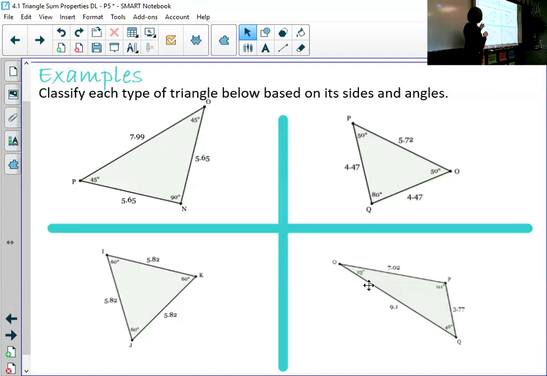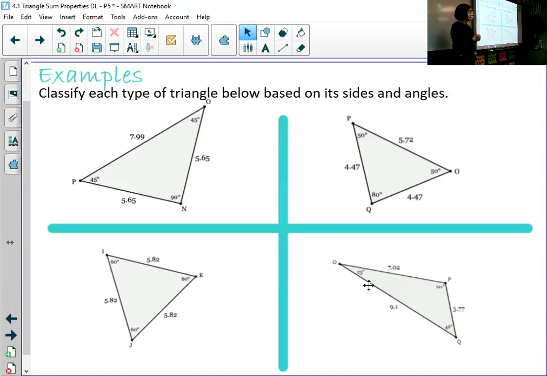What do you notice about the side length? We're not looking at the degrees inside. We're looking at the side lengths. Do you notice anything? Anyone at home? Thank you, Emma. If you are at home, remember, I'm not always going to be looking at the chat.